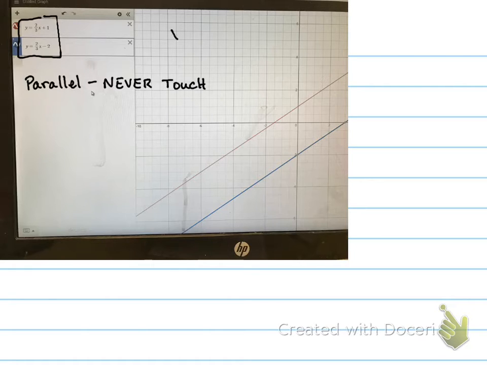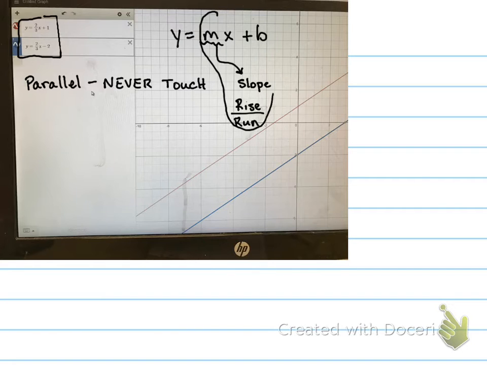If you go back to your Algebra 1 days, y equals mx plus b, you'll remember that your slope is your m value. Your slope is your rise over your run, the change in the y values over the change in the x values. Whatever is next to that x is going to be our slope for these equations.